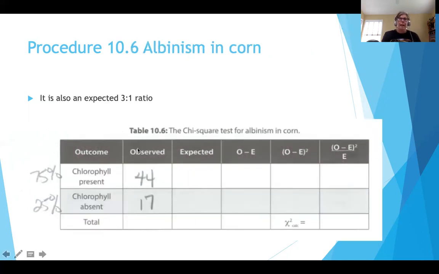The next one has to do with albinism in corn, and we are going to ask some conceptual questions about this situation, because there is a mutation in the chlorophyll pigment. Because the chlorophyll pigment doesn't get made properly, it can't do its job. These corn plants are literally white.